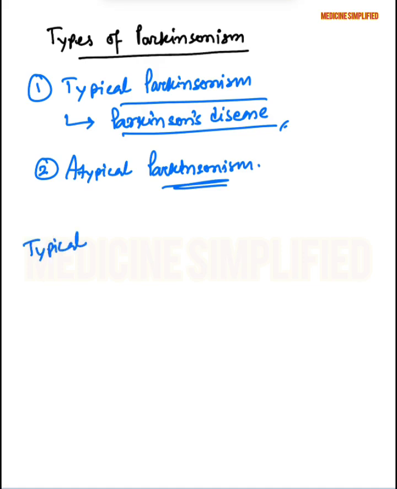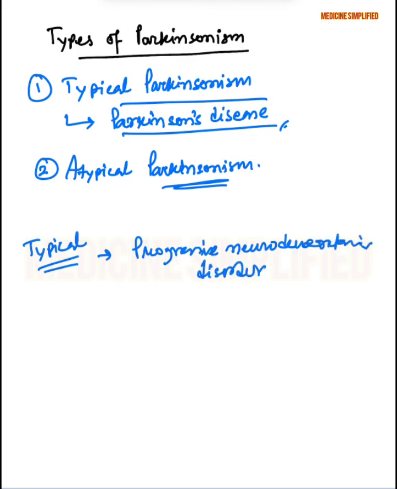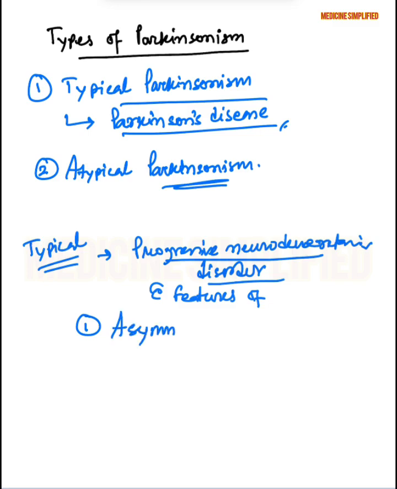Typical Parkinsonism, what we commonly call Parkinson's disease, is a progressive neurodegenerative disorder with features of number 1, asymmetrical onset.